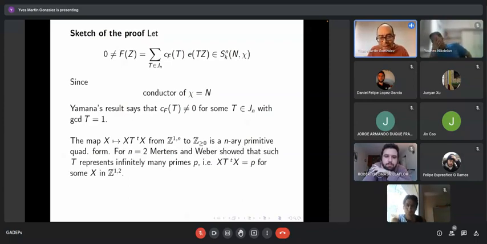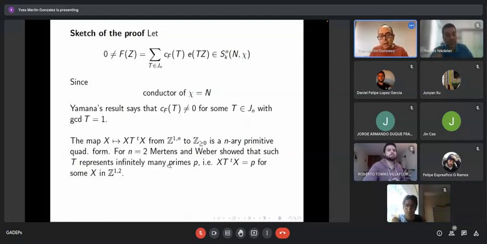In the case of n equal to 2, when it's a binary quadratic form, Mertens and Weber, at the end of the 1800s, more than 100 years ago, proved that for n equal to 2, a primitive binary quadratic form represents infinitely many primes.